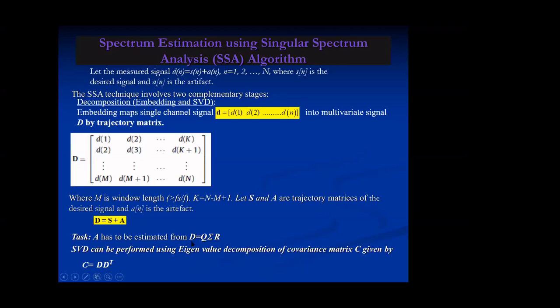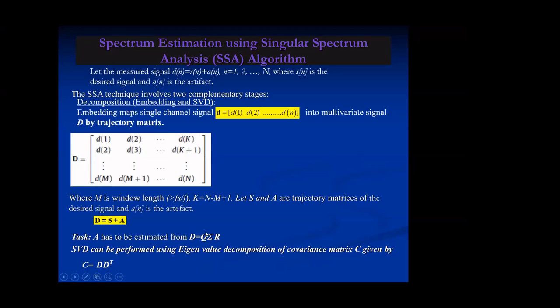So according to linear algebra, singular value decomposition says D can be expressed as Q sigma R, where Q and R are two orthogonal matrices. This is the right orthogonal and this is the left orthogonal matrix. The property of an orthogonal matrix is that a matrix Q is said to be orthogonal if Q into Q transpose is equal to I. Another way to say it is that the inverse is equal to the transpose. This type of matrix is called an orthogonal matrix, and sigma is a diagonal matrix.